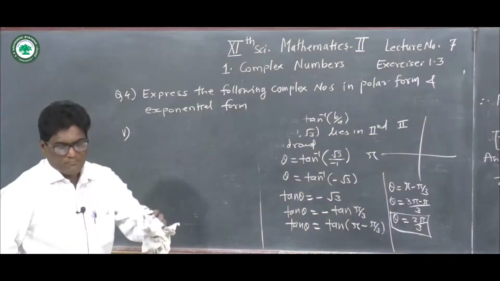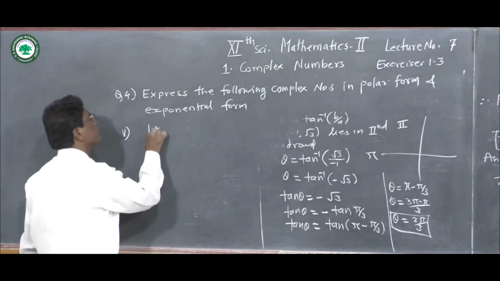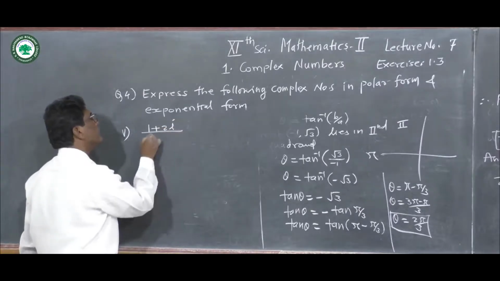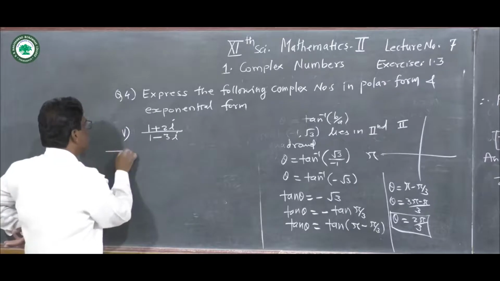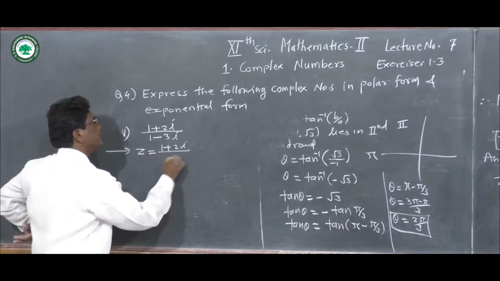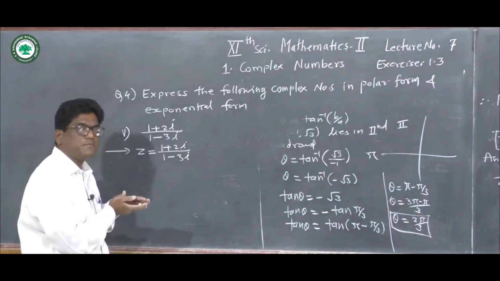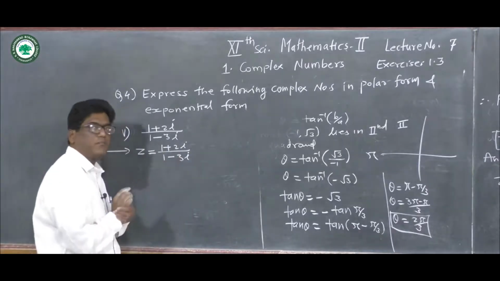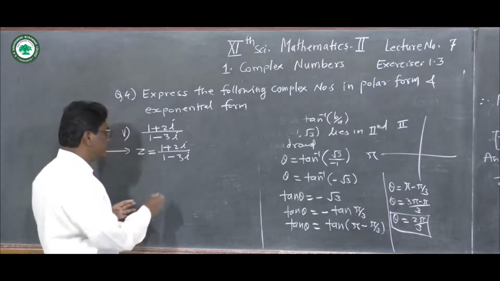Fifth problem, 1 plus 2i upon 1 minus 3i. Call this as Z. So Z is equal to 1 plus 2i divided by 1 minus 3i. Again here it is the division of two complex numbers. In the denominator here is a complex number, so take its conjugate, multiply to numerator and denominator.